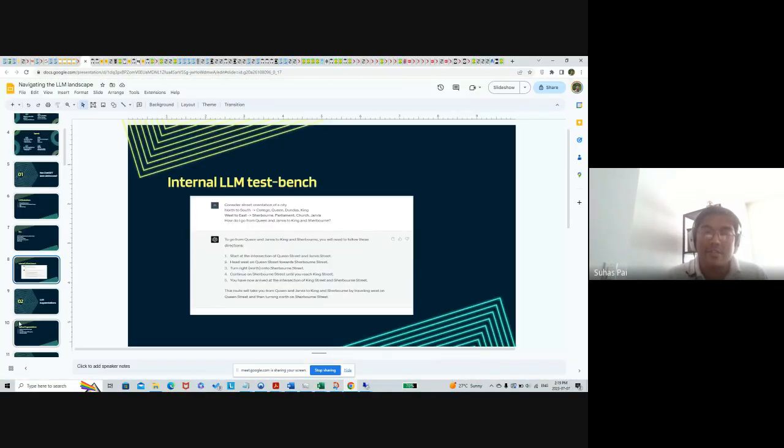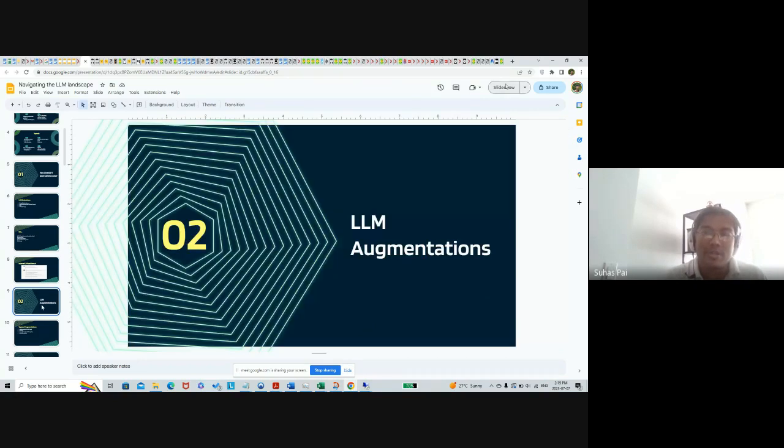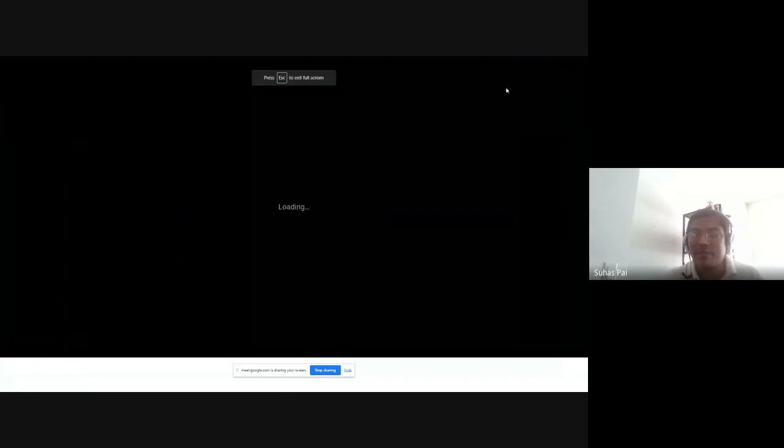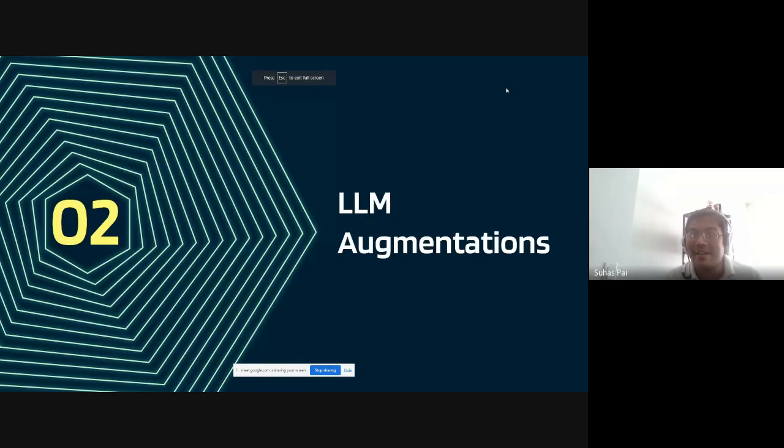Anyway, talking about LLM augmentation. Now that we know it's really hard to evaluate LLMs, let's see what kind of LLMs we have. One thing we have been seeing in the last several months is that the pre-trained model, which henceforth we'll refer to as the base model, is now augmented in several different ways so that it becomes easier to use.